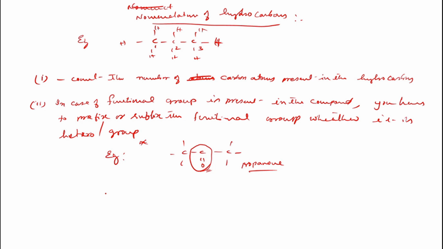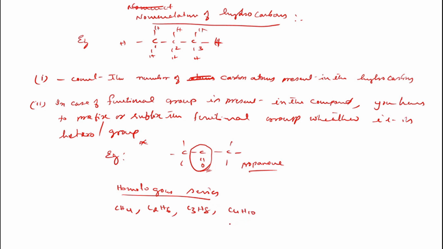Now we will discuss homologous series. See, we know that all alkanes, that is methane, and C2H6 ethane, propane C3H8, and butane C4H10.